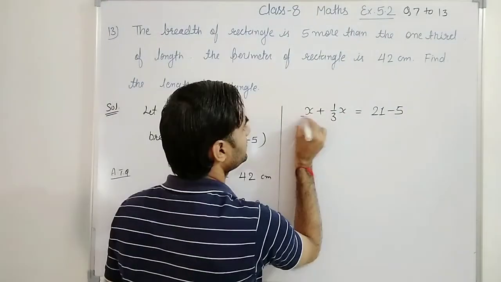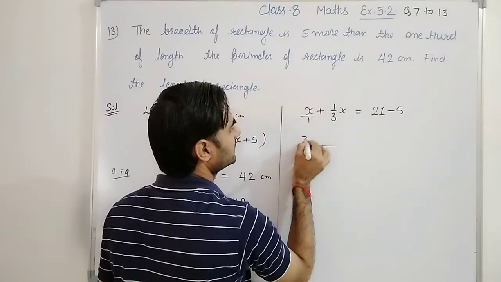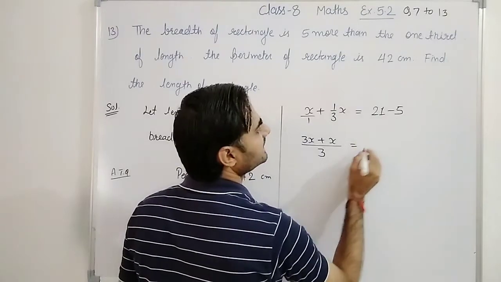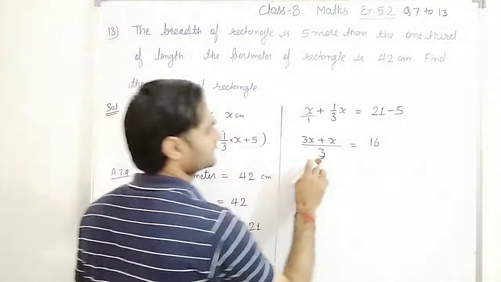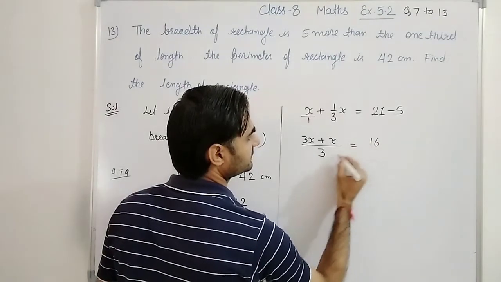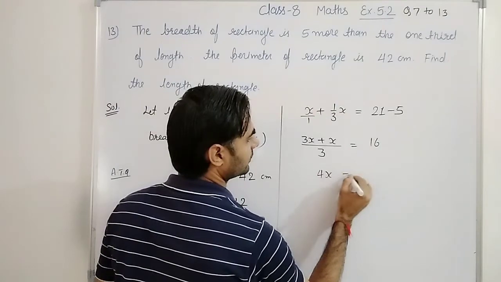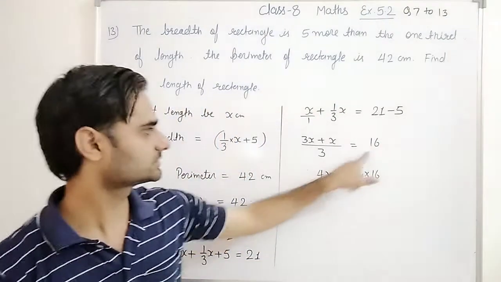So this one, we can take here 1 and take LCM 3. Here this will come 3x plus x. 21 minus 5 is equal to 16, right? So this 3 will be multiplied here. So what will come? 3x plus 1x is equal to 4x, and this will be equal to 3 multiplied by 16, by cross multiplication.